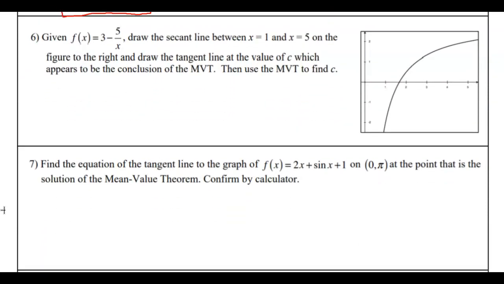So on number 6, they give you this function and they show you a picture. So I can kind of illustrate what this idea means as we do the work. So this says if we have from 1 to 5, so here's 1 on the graph, to 5 on the graph. Here is the secant, okay?